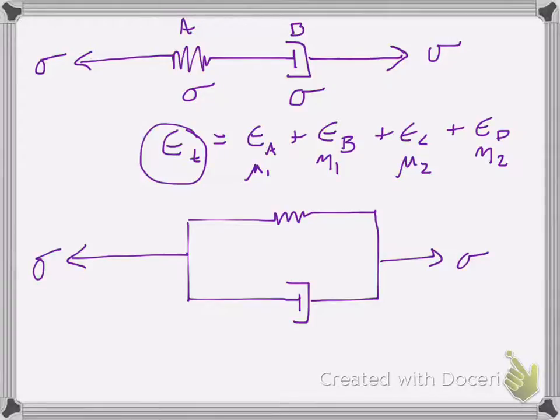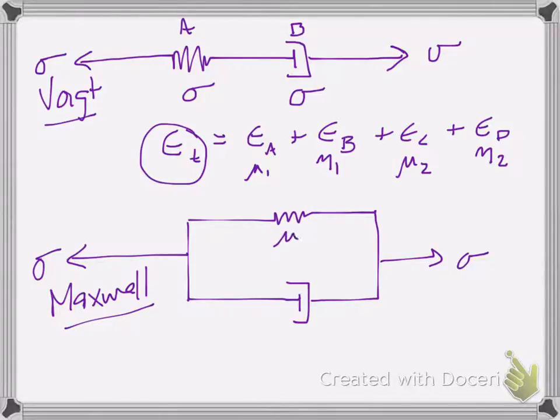In this case, for this one is called the Voigt model, and this one is called the Maxwell model. The Maxwell model, the same deal. We have a given elasticity there and a given viscosity there.